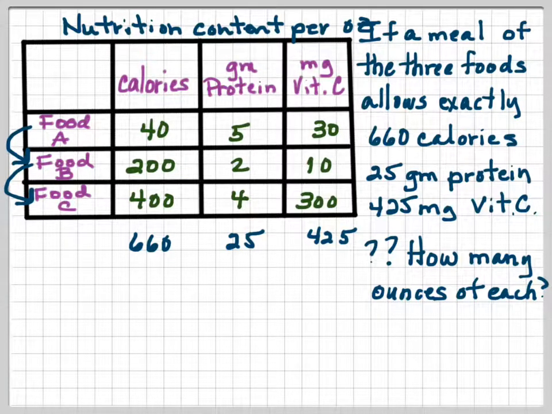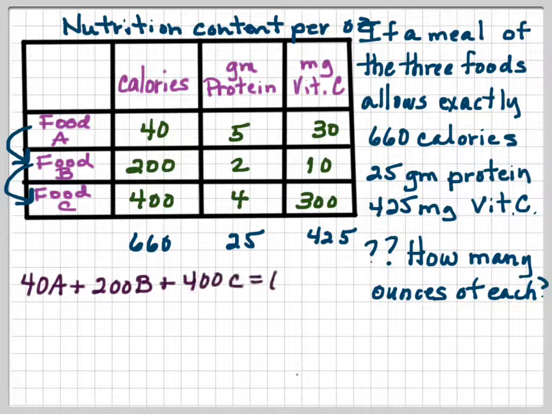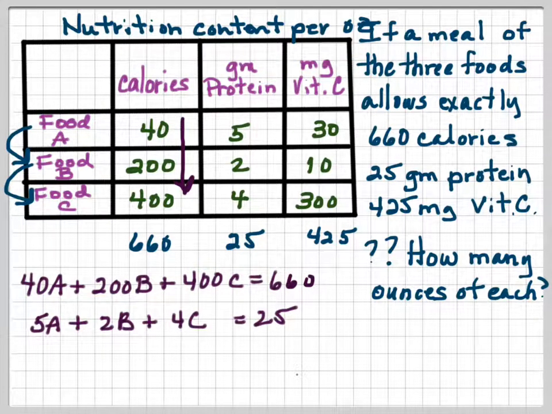So we are going to set up our equations working down the chart instead of across the chart. If we have 40A calories plus 200B calories plus 400C calories, it has to add up to 660. And if we have 5A grams of protein plus 2B grams of protein plus 4C grams of protein, it has to equal 25. And once again, we're moving down.